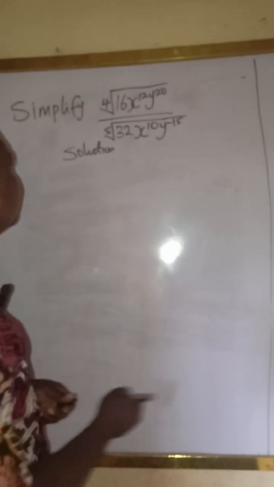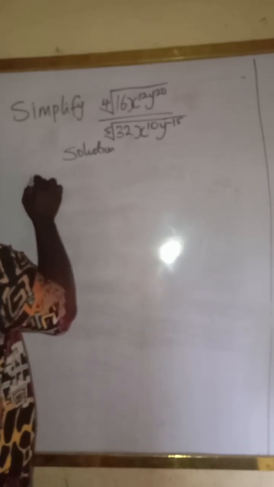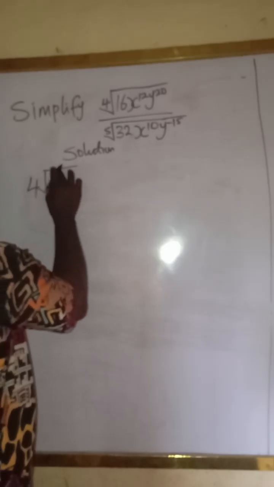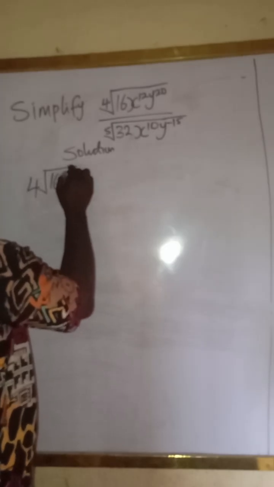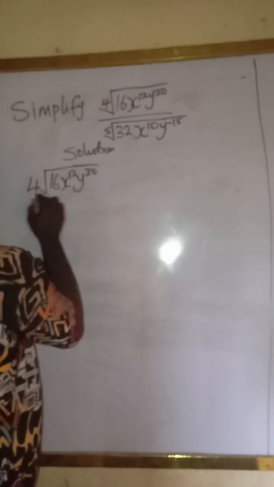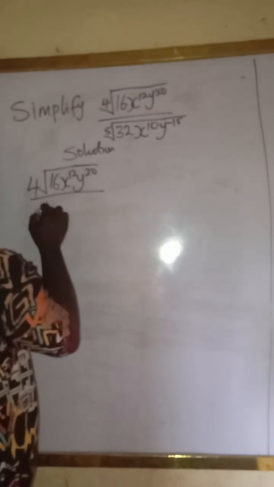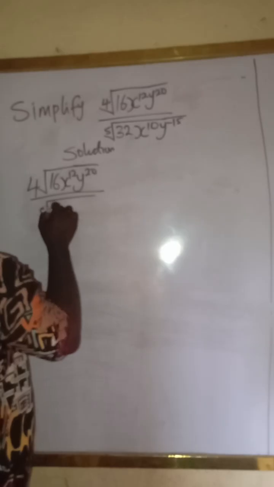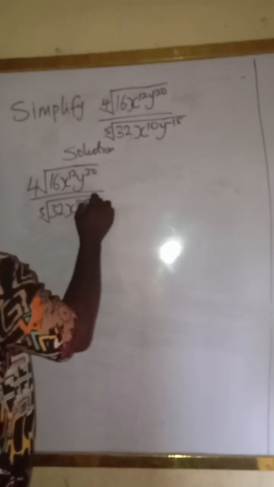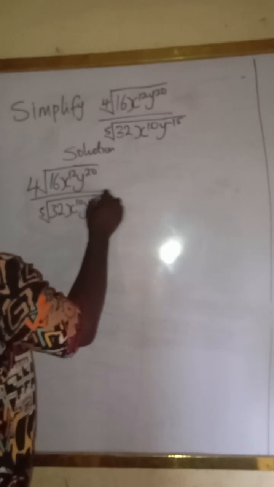Now, our question is the fourth root of 16x raised to power 12 y raised to power 20, all of them divided by the fifth root of 32x raised to power 10 y raised to power minus 15.